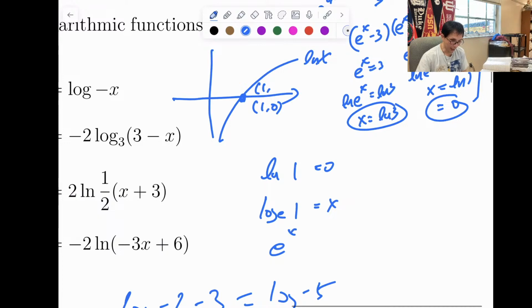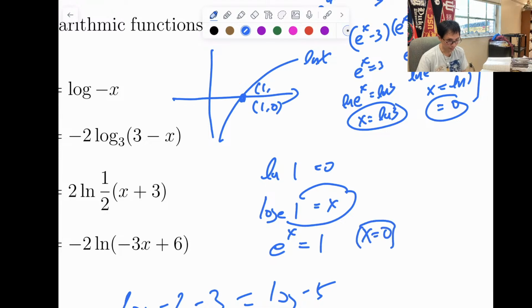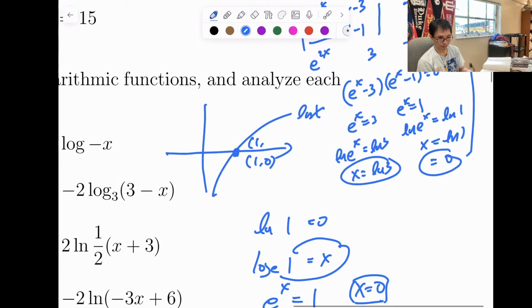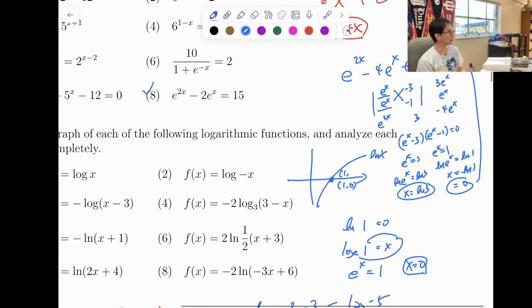So e to the x is equal to 1, so x has to be 0. Any e to the 0 is 1. That's the only time it's equal to 1. Yes, Isaac? Oh, okay. That's why natural log of 1 is 0.